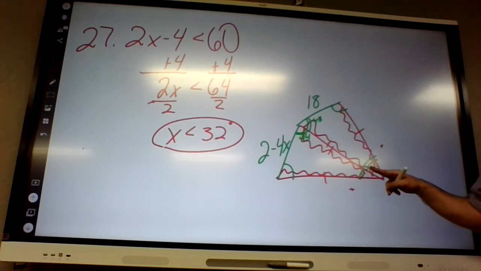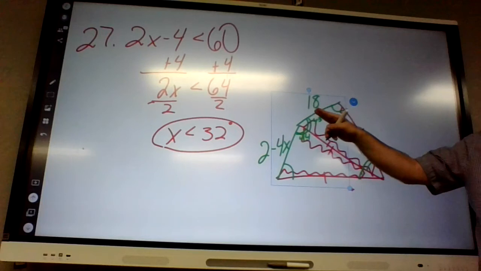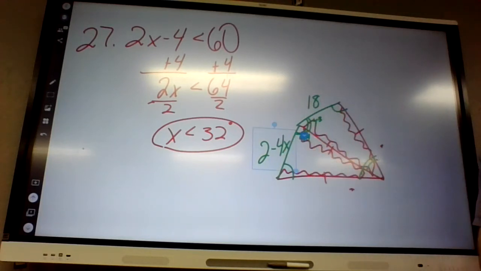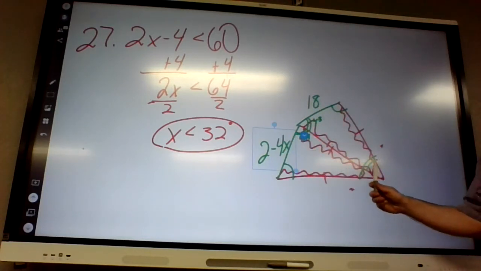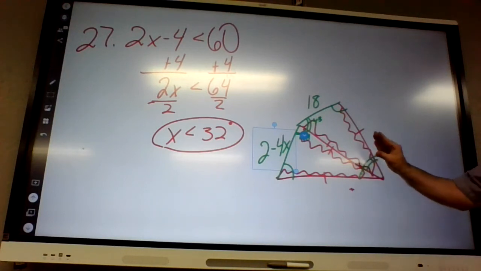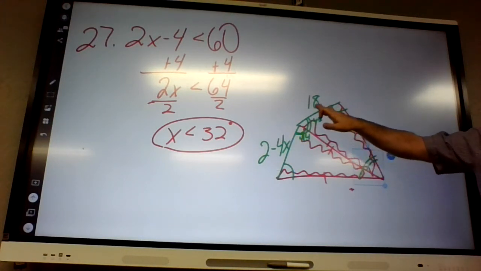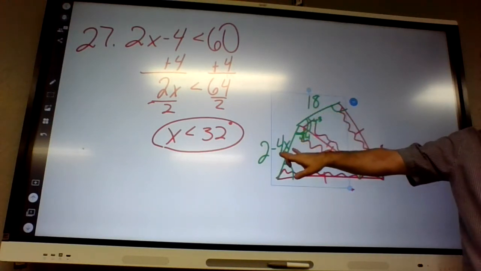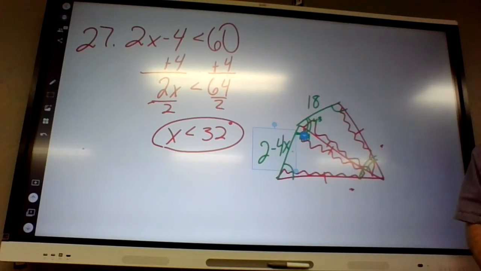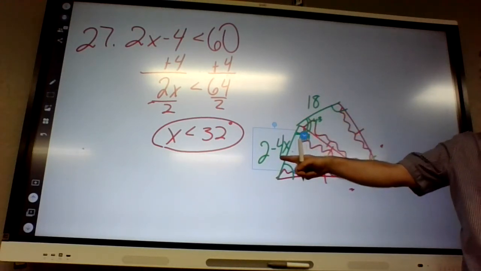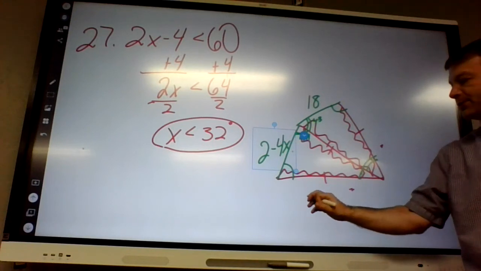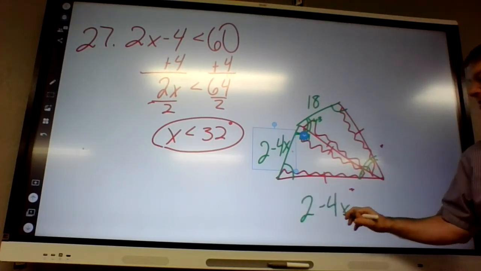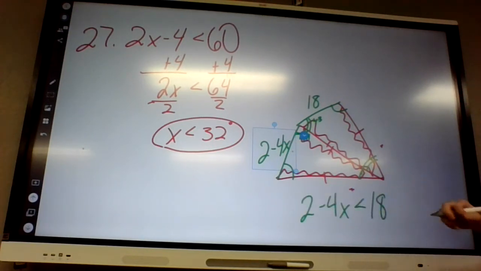If this angle is bigger than this angle, what's that tell us about these two sides? This alligator's mouth is open a little bit wider, so the gap here is going to be a little bit bigger than the gap there. So 18 is greater than this, or this is less than 18. 2 minus 4x is less than 18.